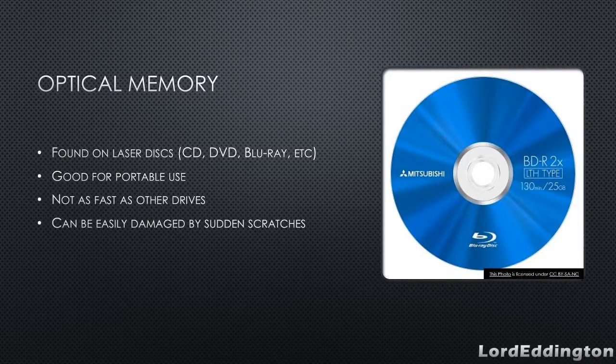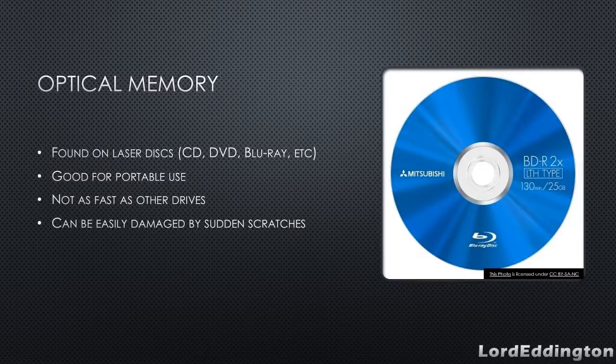Well, you stick the disc in, don't you? And then there's a laser that goes around the disc as the disc is spinning and finds the information. It really depends on the disc drive how fast that is, but CDs and DVDs are pretty slow.